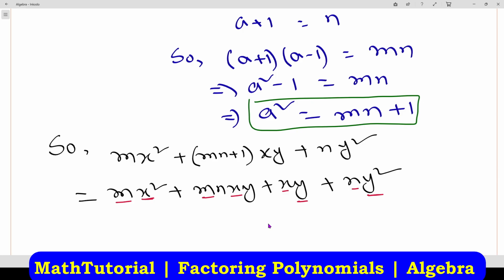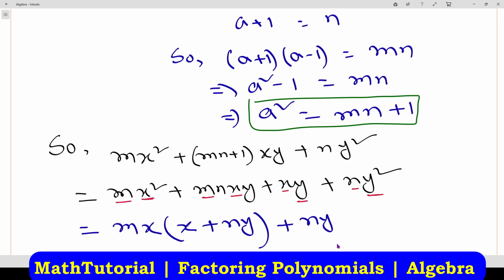How? If we take common m and x, it will be x, right, plus ny. Sorry, this one is x, right? Then plus ny plus n y square, so we can take common ny.